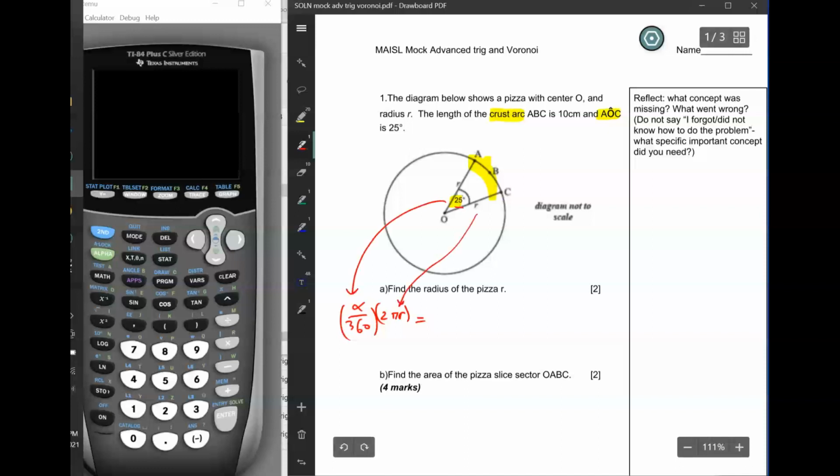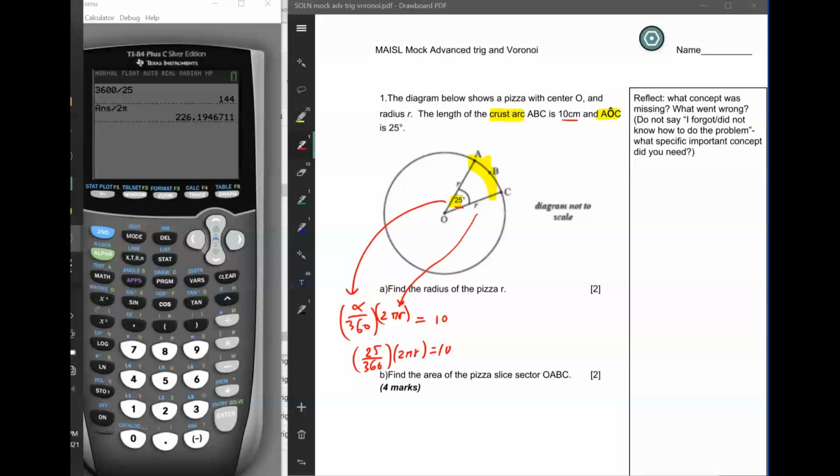And here we don't have a radius. Now we know that the crust arc is 10 centimeters, so we put that the length of the arc is 10, and this becomes kind of an algebra problem. So let's fill in the 25 over 360 times 2 pi r equals 10.